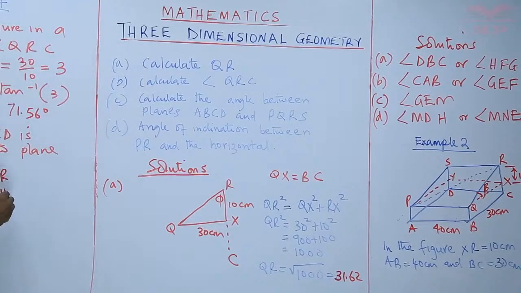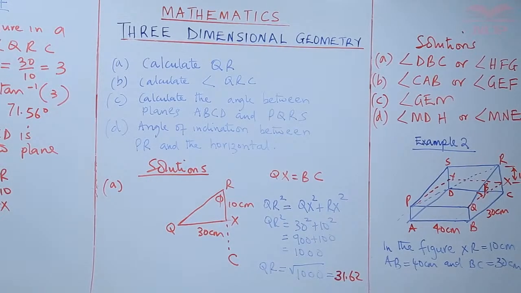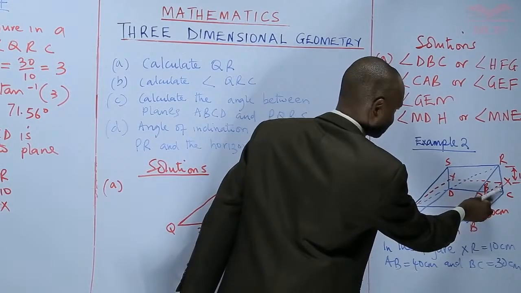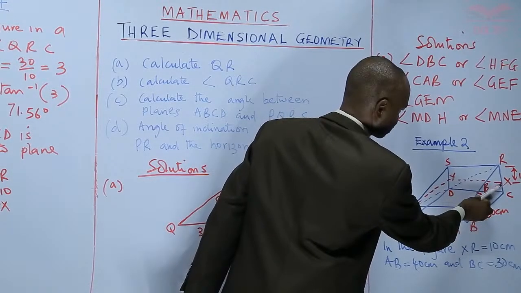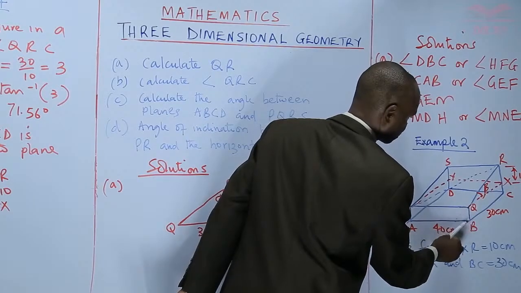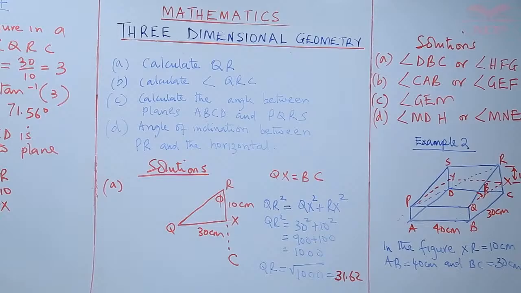which is 10, and you'll have your Q here. Because I've said this plane is still horizontal to this, if you project, it will still meet this one at the same angle. So this one is 30. That is angle alpha.